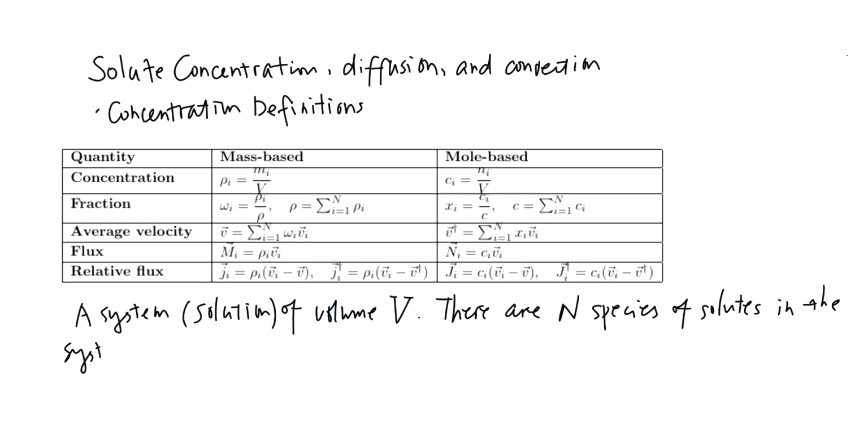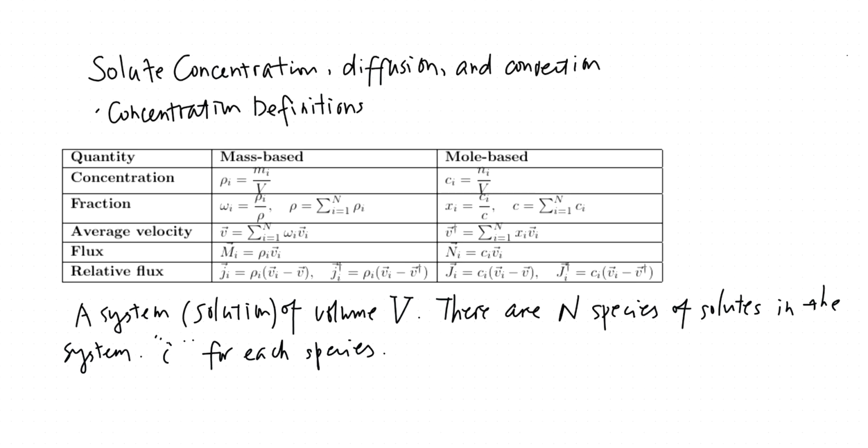So we use index I for each species. The different species can be, for example, sodium, chloride, or glucose, or whatever molecules. So just consider a mixture of solution in a given volume. And there are different types of particles, and we use index I.